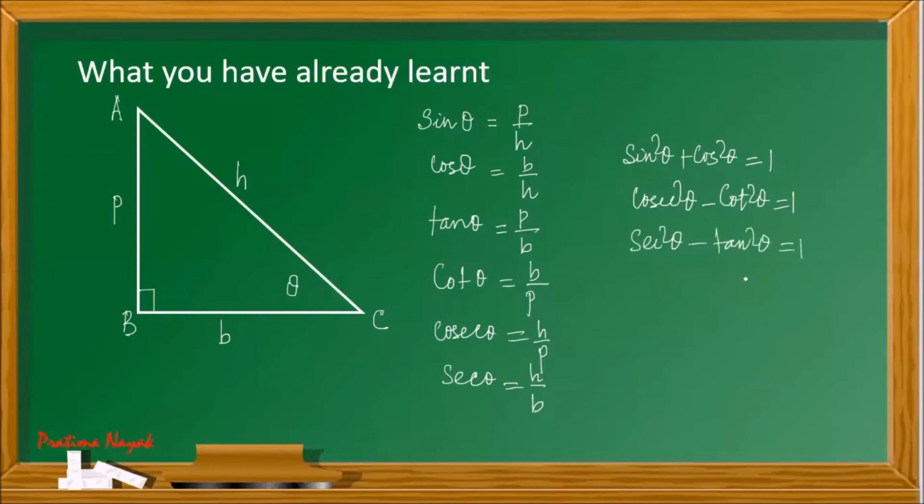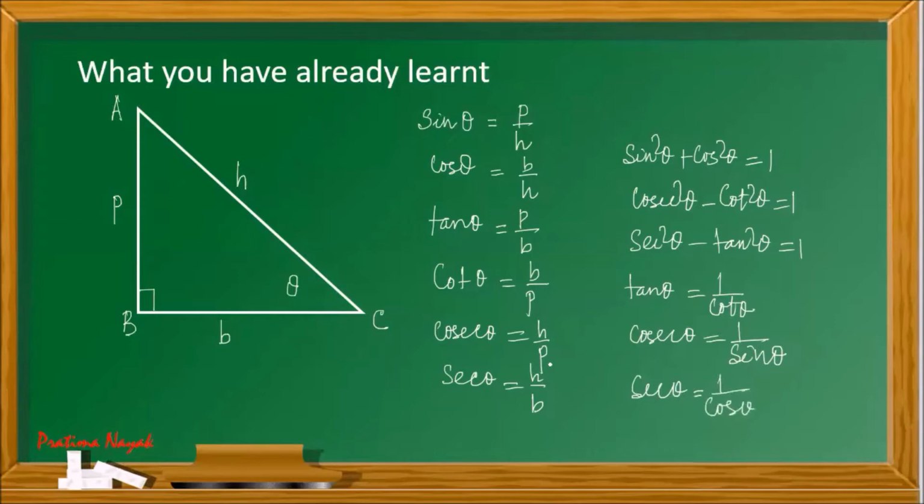And you also know the simple relations: tan theta is equal to 1 by cot theta, or cot theta is equal to 1 by tan theta. Similarly, cosec theta is equal to 1 by sin theta, and sec theta is equal to 1 by cos theta.